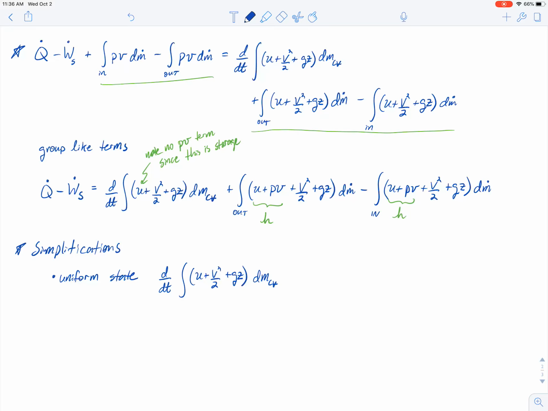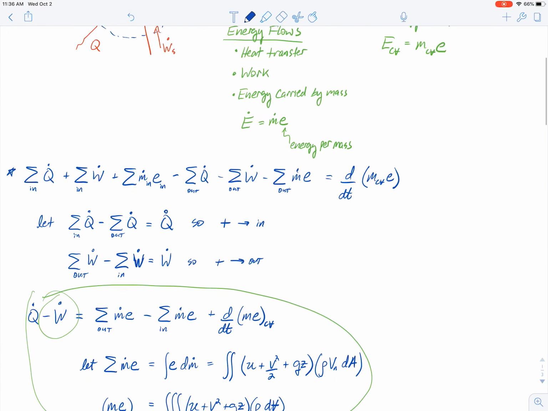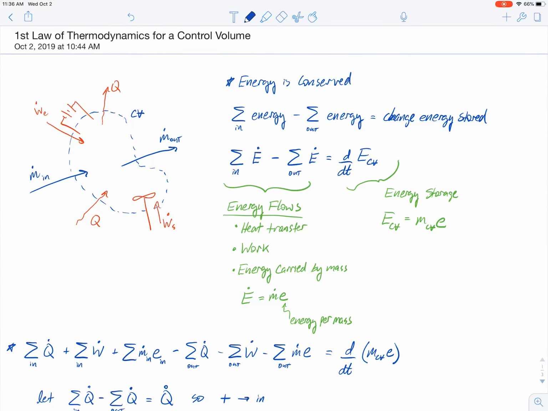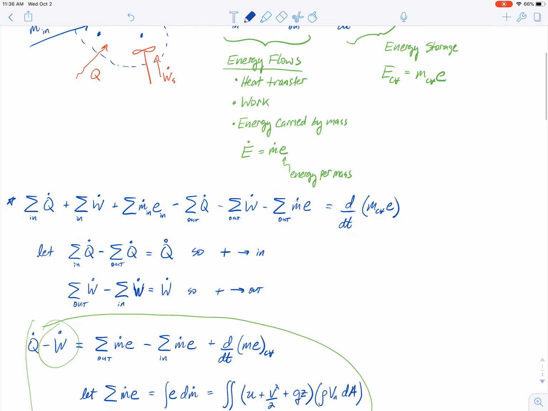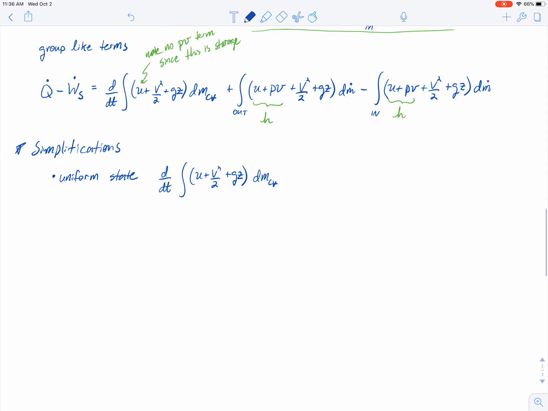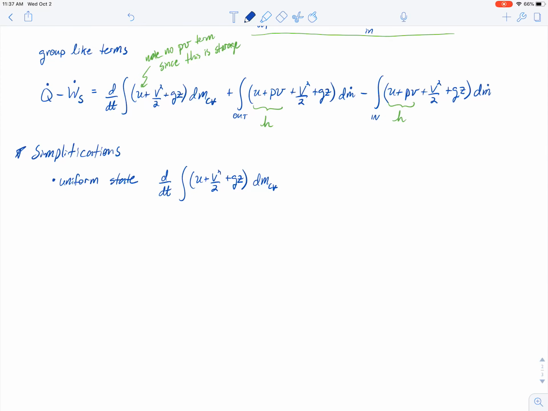And when I say uniform state, what I'm saying is that inside this control volume, the internal energy is the same thing here as it would be here, as it would be here, as it would be here. I'm treating my control volume as this black box. You could think of it as almost averaging everything out inside my control volume. My state is uniform inside the control volume at any instant in time.